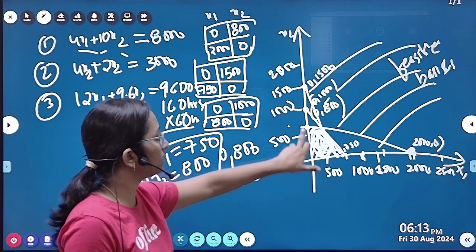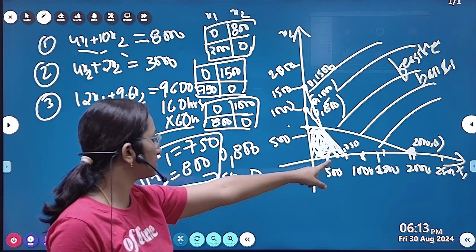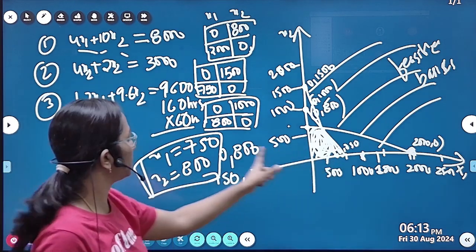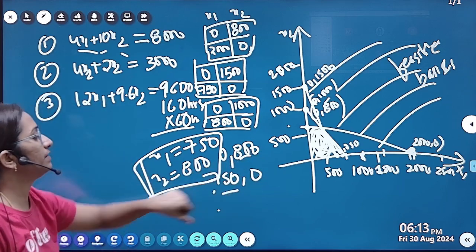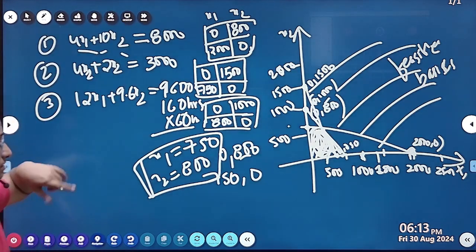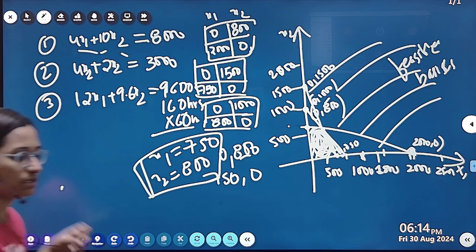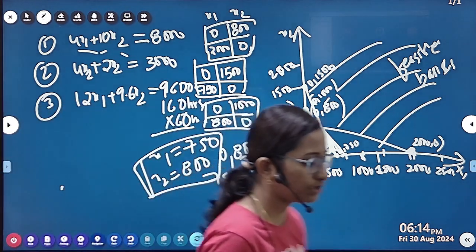So what are the points? 0 to 800 and 750 to 0. So x1 is 750 and x2 is 0. Sorry, x2 is 800. Copy it. Don't follow your book, just do by this method only in exam.